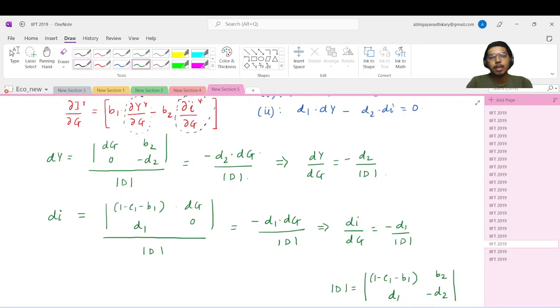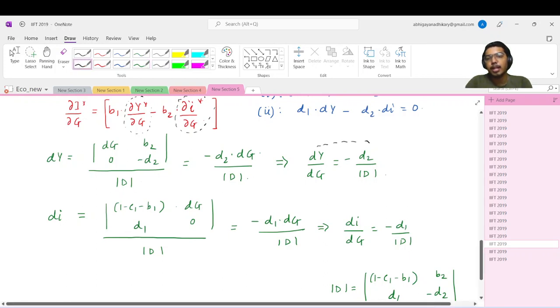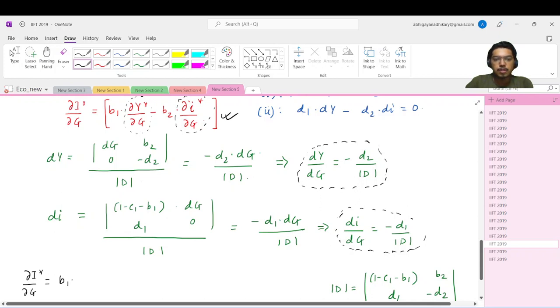After obtaining these two expressions, dy by dg and di by dg, what are we supposed to do? We simply put them in the expression for del I star by del g, which was b1 times del y star by del g minus b2 times del I star by del g.